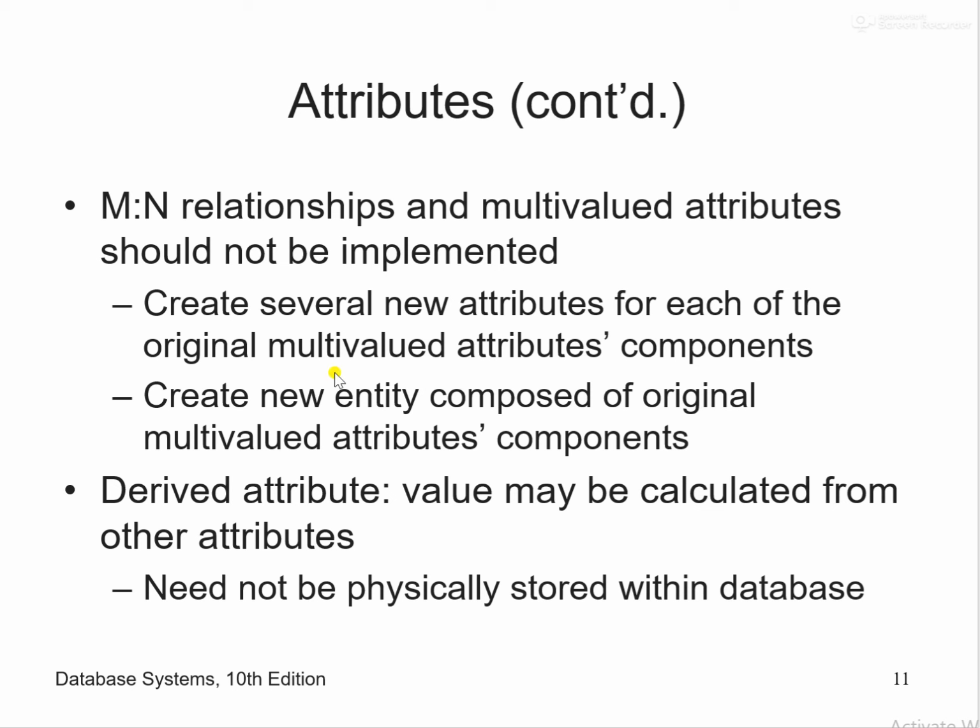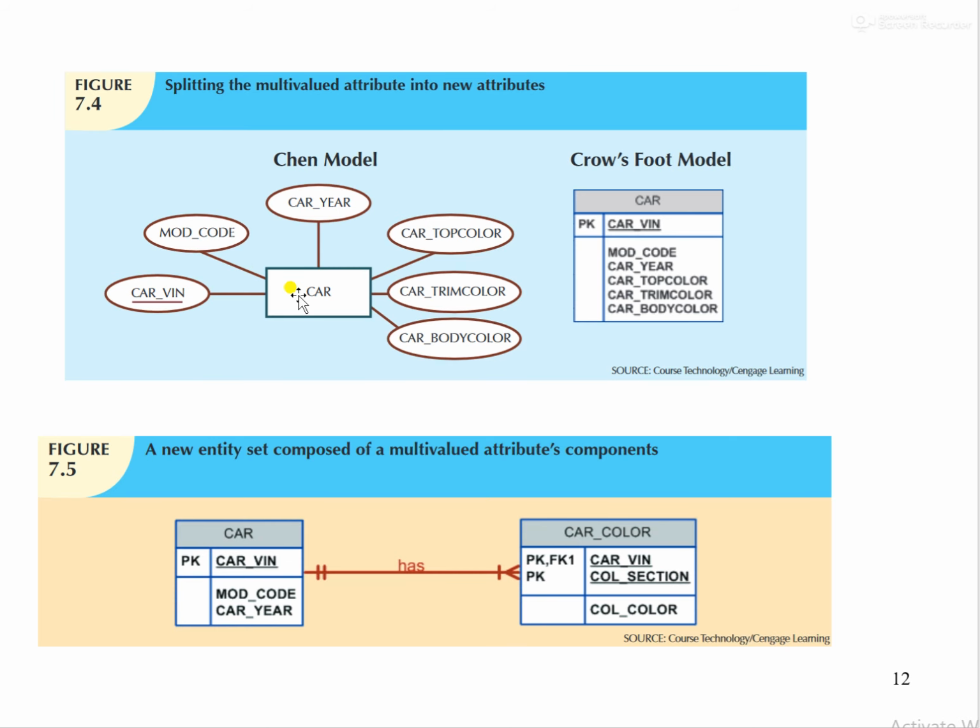So how can we solve this issue? The first solution is to create several new attributes for the original multi-valued attribute. Here we have a car and car color. Instead of having a single attribute, we create several new attributes out of it: car top color, car trim color, and car body color. We divide it into 3 different attributes to solve this problem.